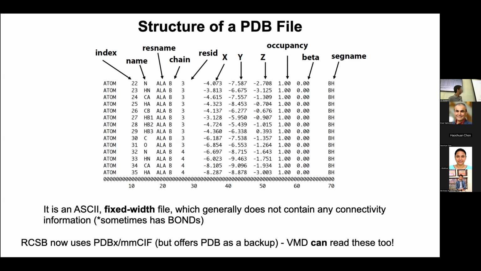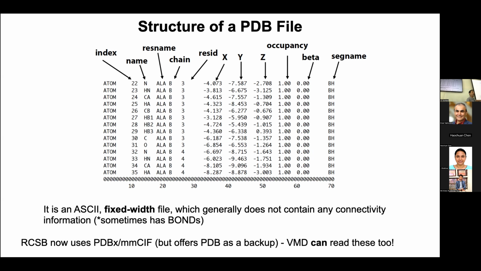One other thing to note, if you go to RCSB, you may not see PDB anymore, or it's considered a legacy format. They use this new format called PDBx/mmCIF. There are some similarities in that at some point it will have atom records that look kind of similar to this.